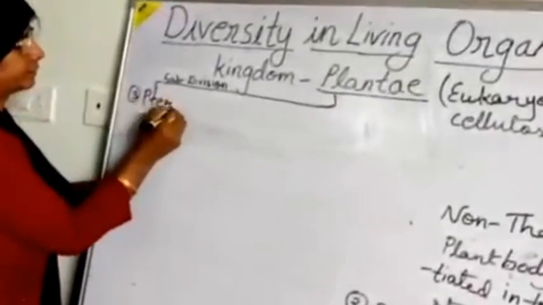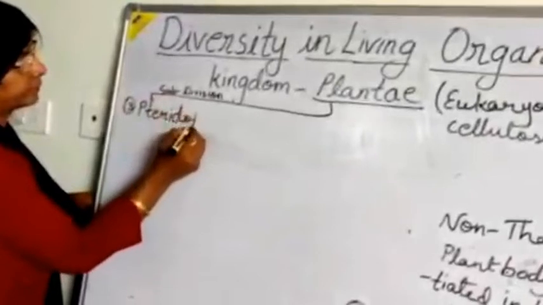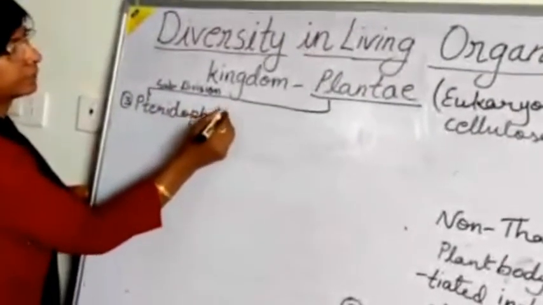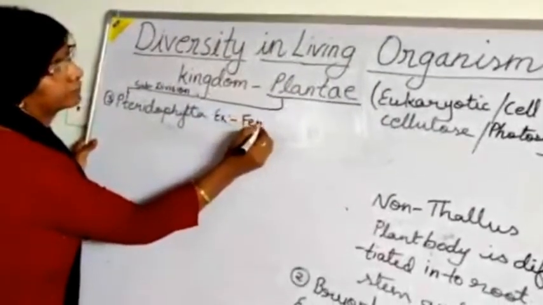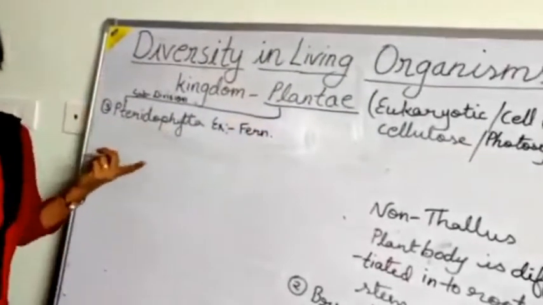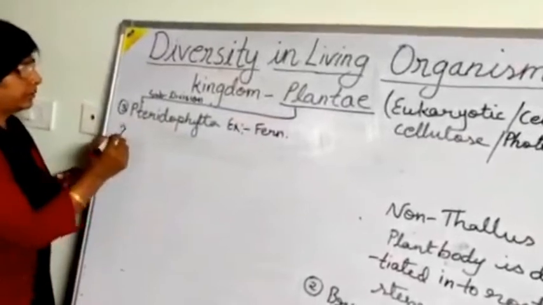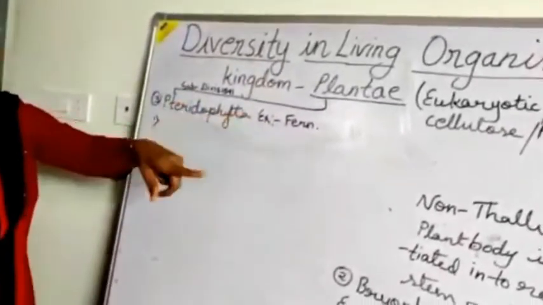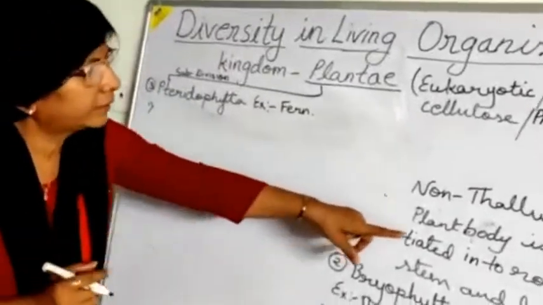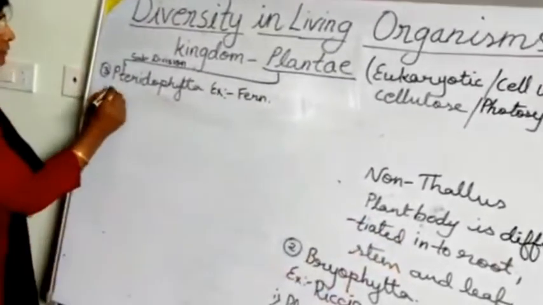Now the third one we are going to take is Pteridophyta. The example is fern. And here also the first property we are getting is that the body is divided into root, stem and leaf.